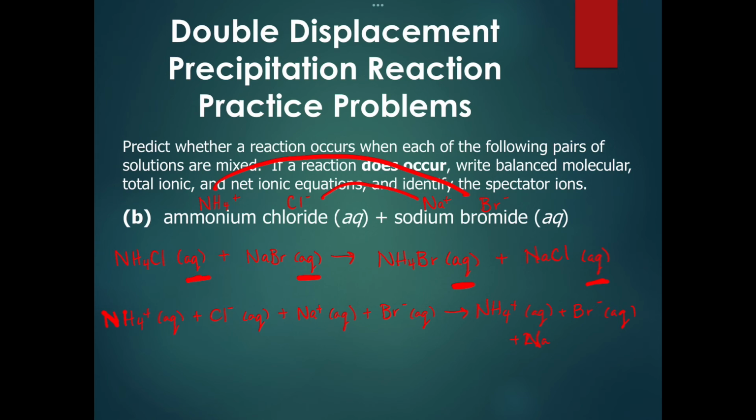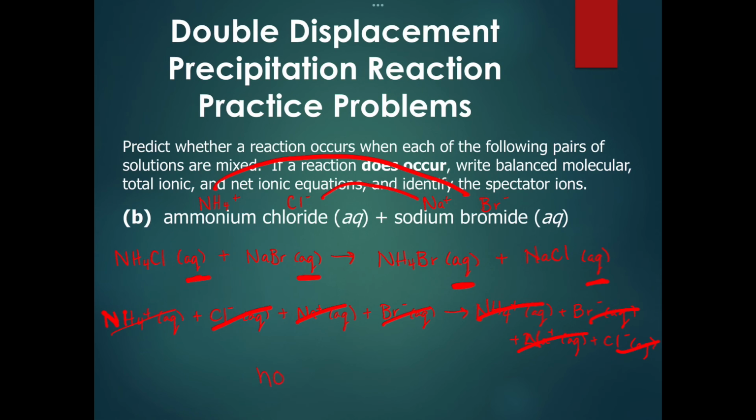That should be Na. All right, so there we go. I went through and split up all of our aqueous compounds. Do you see that the ammoniums cancel out, the chlorides cancel out, the sodiums cancel out, and the bromides cancel out? So everything canceled out, right?